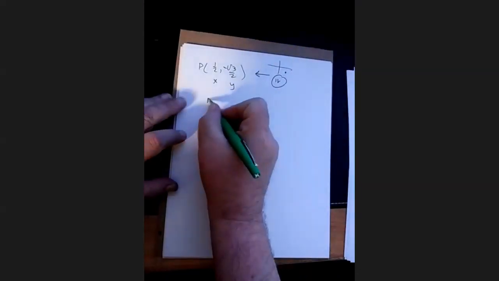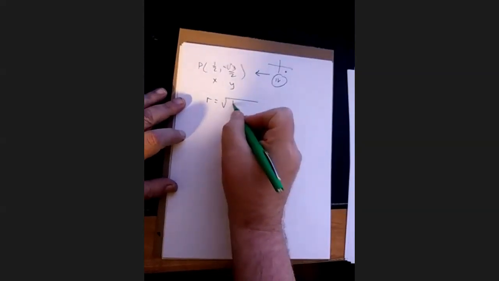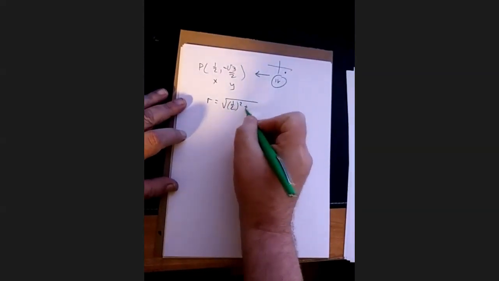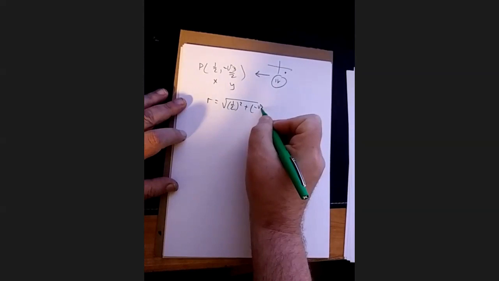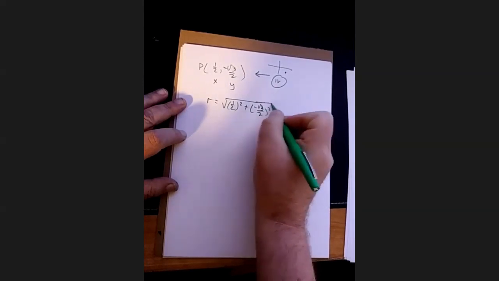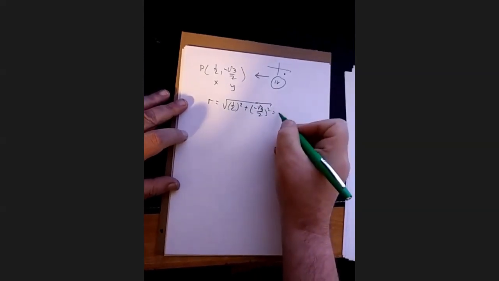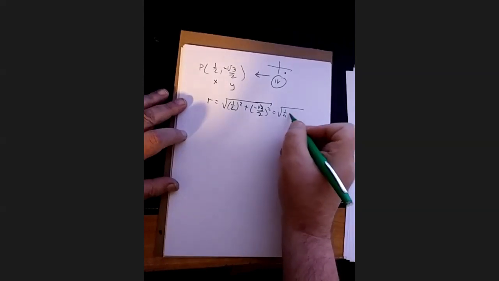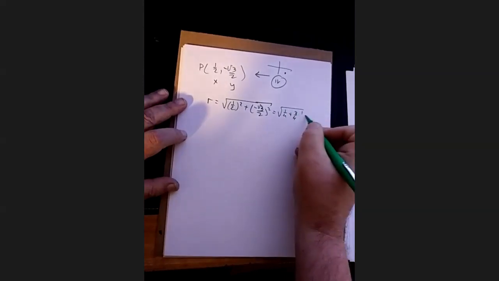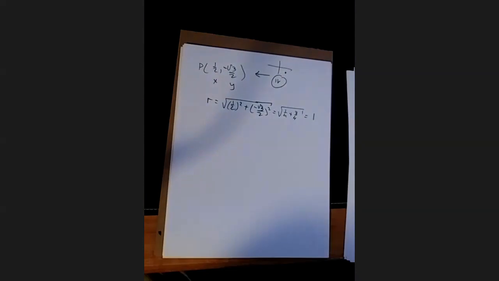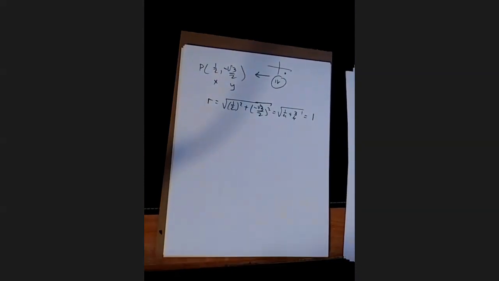So if you want to get r, it's the square root of this guy squared plus this guy squared, which gets me 1/4 plus 3/4. Am I good or am I good? It's 1.